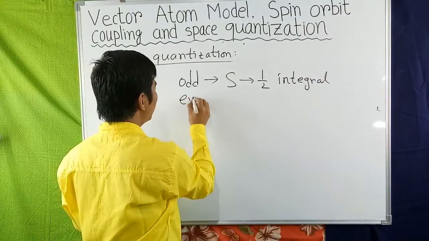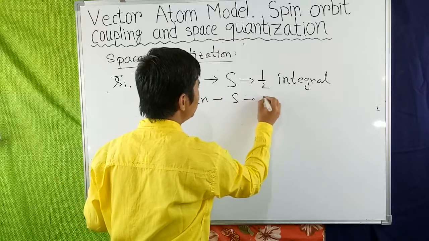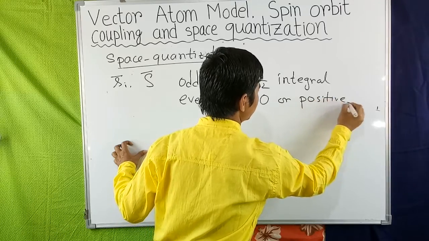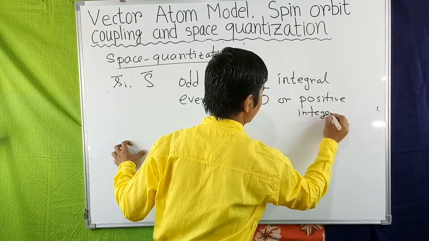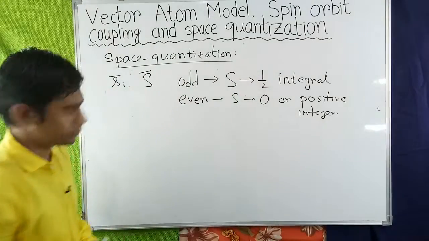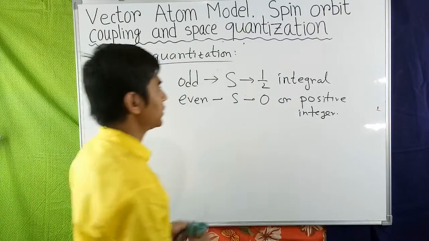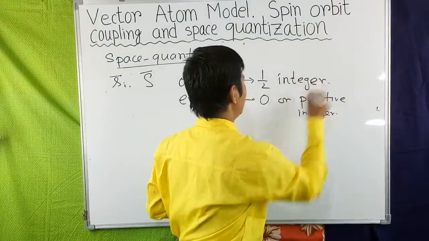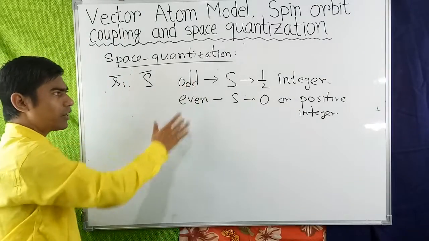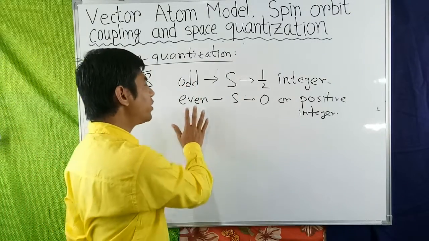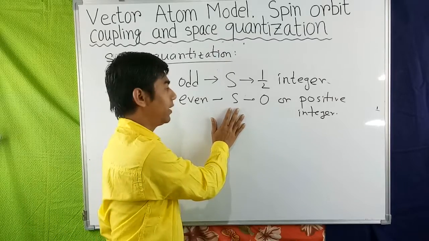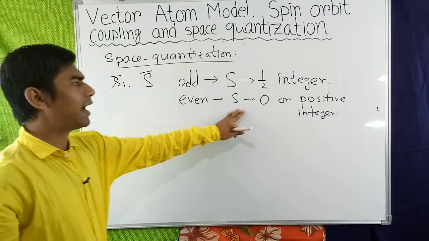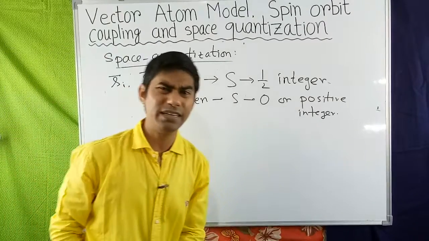And in case of even number of electrons, S is 0 or positive integer. Half integer. That is, in case of odd number of electrons, S is half integer, and in case of even number of electrons, total spin quantum number S is either 0 or any positive integer.